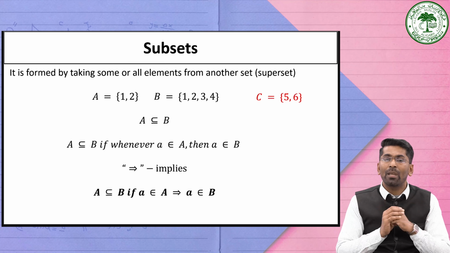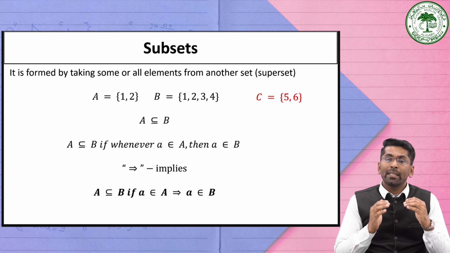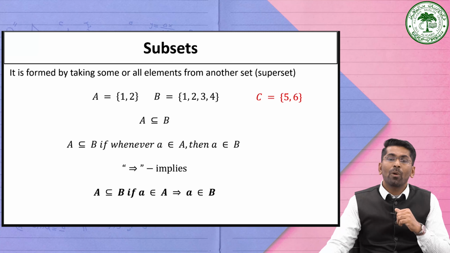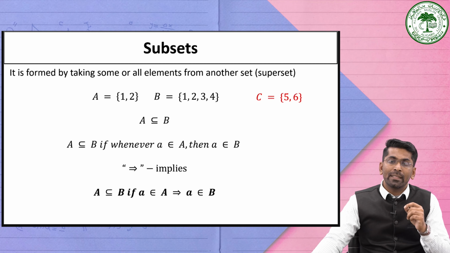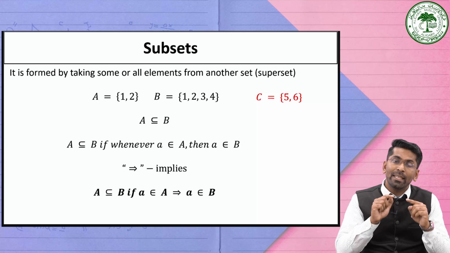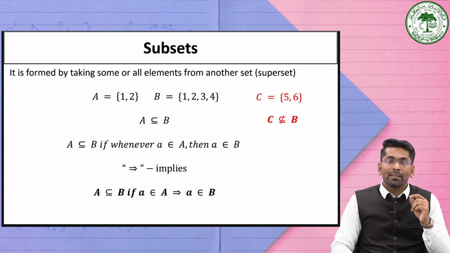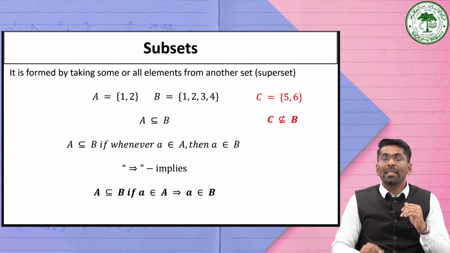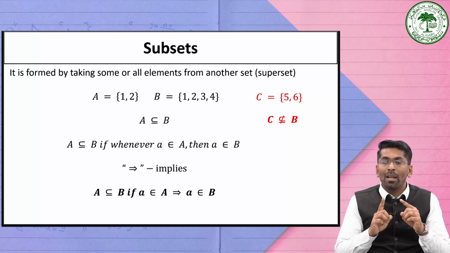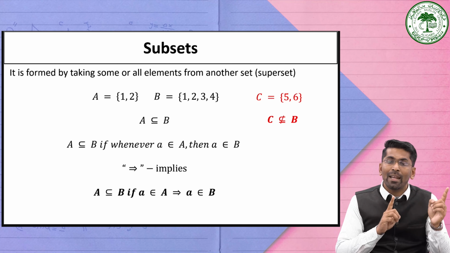Here, C is not a subset of B because none of the elements of set C, that is 5 and 6, are present in B. So it is not part of set B. Therefore, we can say that set C is not a subset of set B. We write it as C ⊄ B. Thus a subset is a set containing only elements that are found in another set.